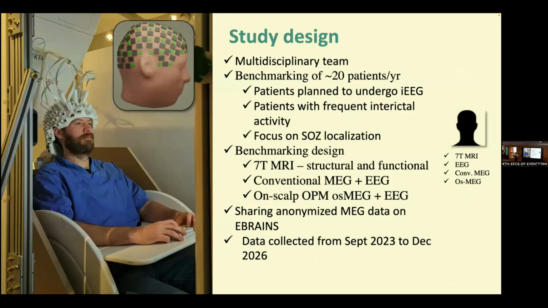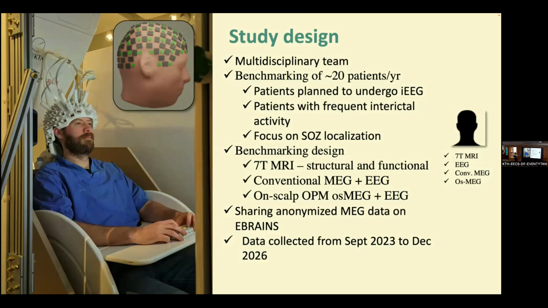And then the idea is that we're going to measure something like 20 patients a year that are planned to also undergo invasive recording, so SEEG. This is also kind of a comparison, because with the SEEG, we can see more clearly if there is a source there, if the placement is right. Typically, it's a much surer way of knowing what is truly there, where the true location is.